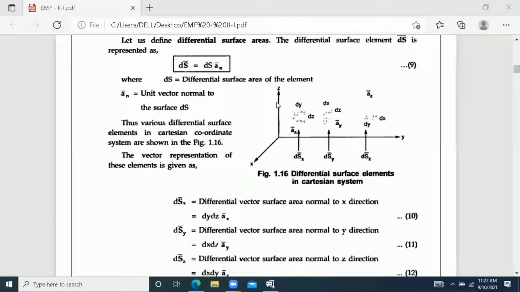On this side, you would have the XZ plane, and the normal would be in the Y direction. So it'd be the XZ plane in the AY, and this way, you would have the XZ plane in the minus AY.